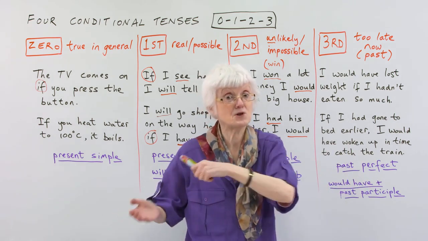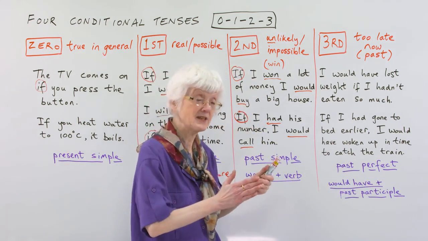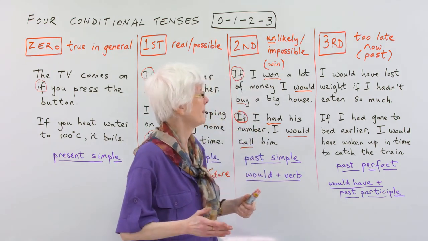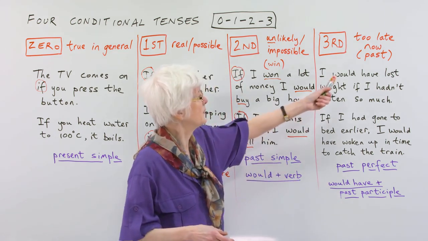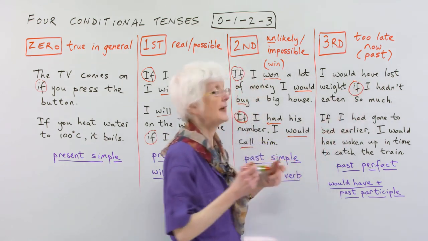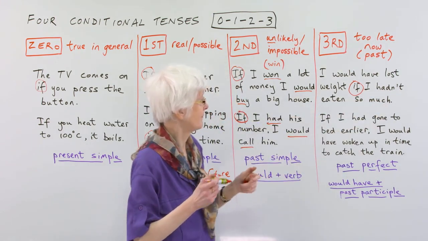Of course, in the future, you can try again, you can keep trying, but at this point in time, you have not lost weight on your diet because you have just been eating a lot. So I would have lost weight if I had not eaten so much.